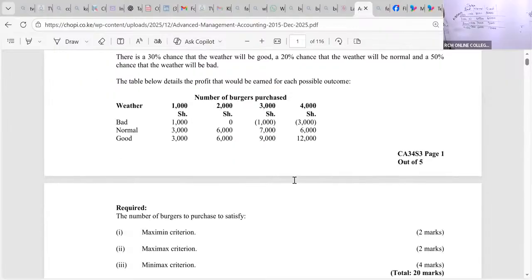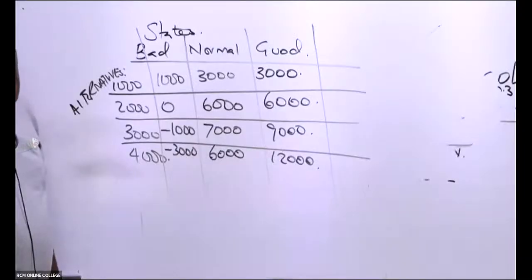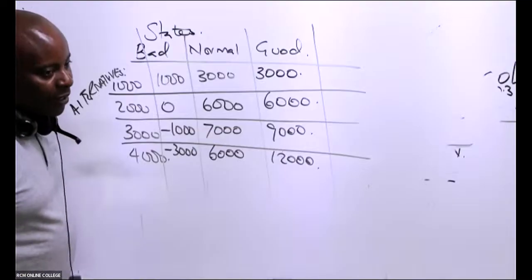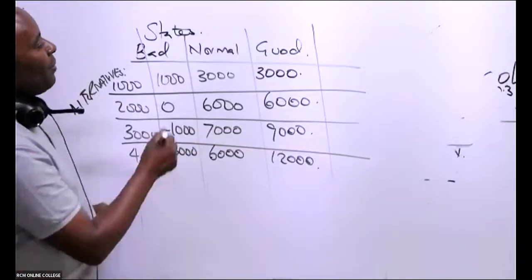So the first one, they want us to give them the number of burgers to purchase to satisfy the maximin criterion. Maximin is the best of what here, somebody? The worst. Maximin.